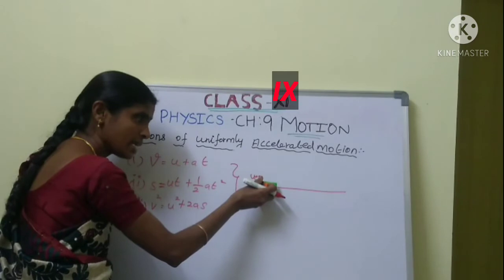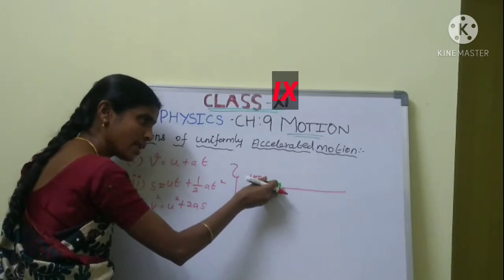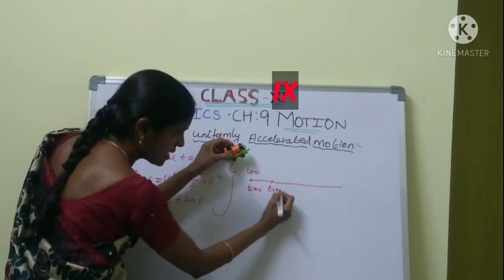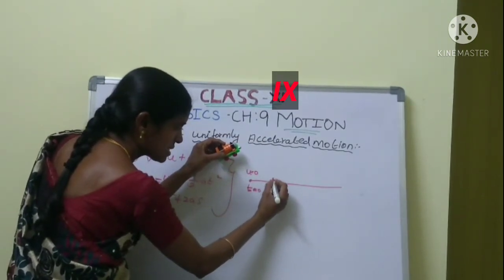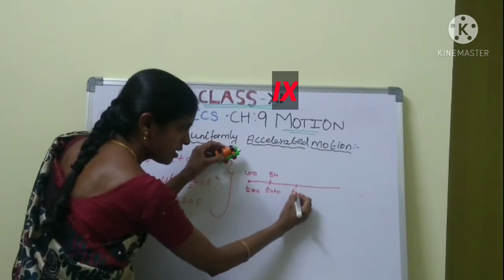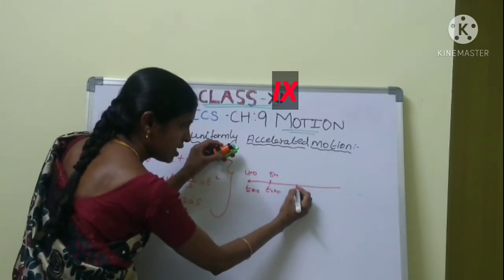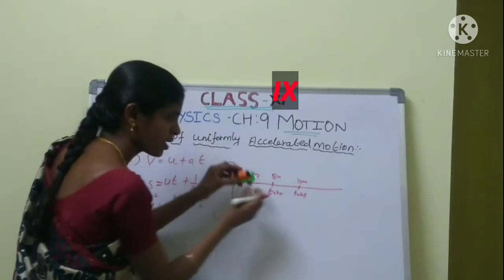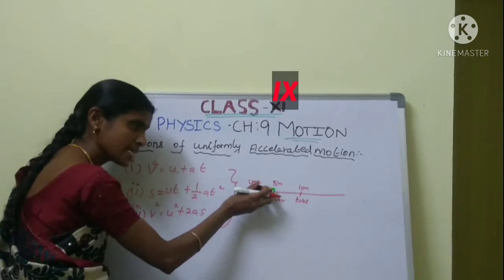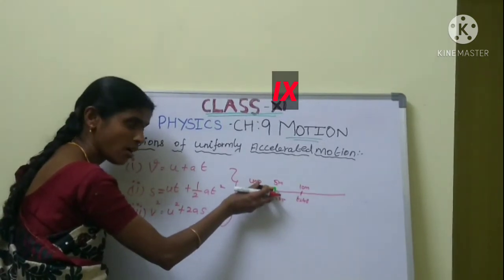Now we apply an increase in velocity. Whenever t equal to 2 seconds, we increase the velocity to 5 meter. Next, t equal to 4 seconds, 10 meter. See here, U is the initial velocity of the object.